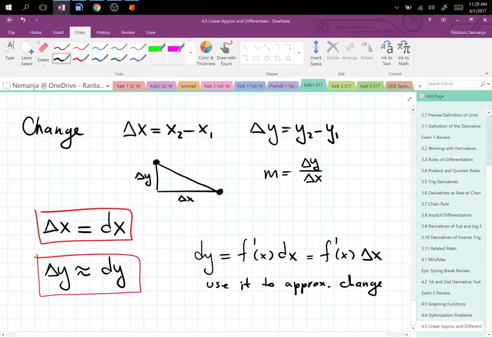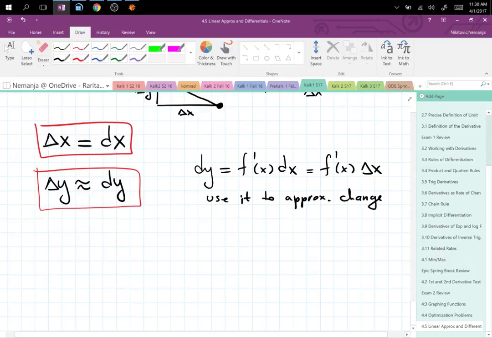Now the fun part is that I can actually use this stuff to compute the same problems and same values like we did with linearization, just in a different way. I can use this to find ln2, ln3, ln5. I can use this to find sine of 17 degrees. I can use this to find technically anything, because I'm not going to compute the value. I'm going to compute the change in value and then add that to the value.